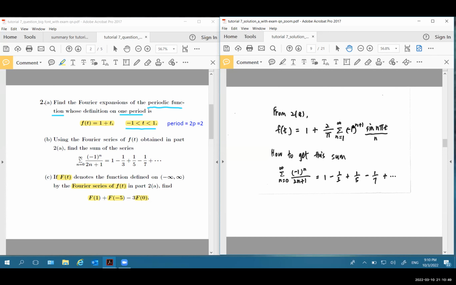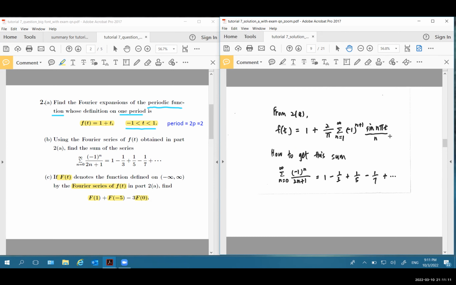After this, you notice that this one involves the variable t. But of course in this series, there's no t. So the variable t here, you need to substitute some value.